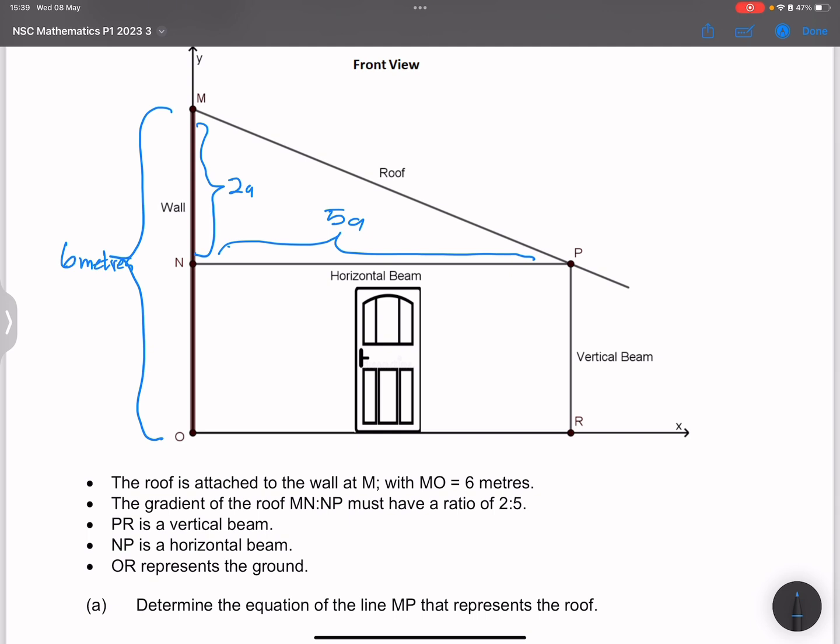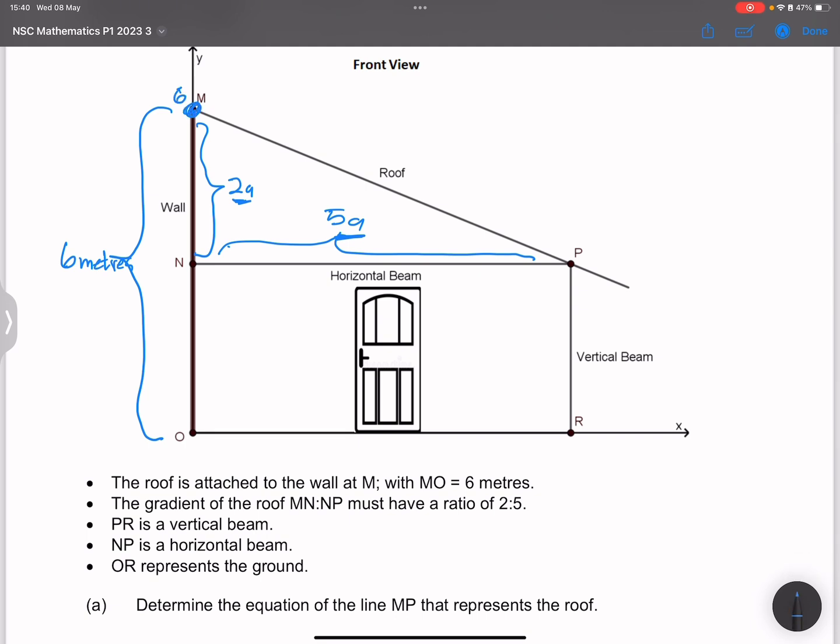First of all, I see that the gradient, remember, it's change in y over change in x. So if you took change in y over change in x, you would actually get that ratio there, which is 2a over 5a, which will be 2 over 5. So our gradient of that line is 2 over 5. And in this case, it crosses at y is equal to 6.